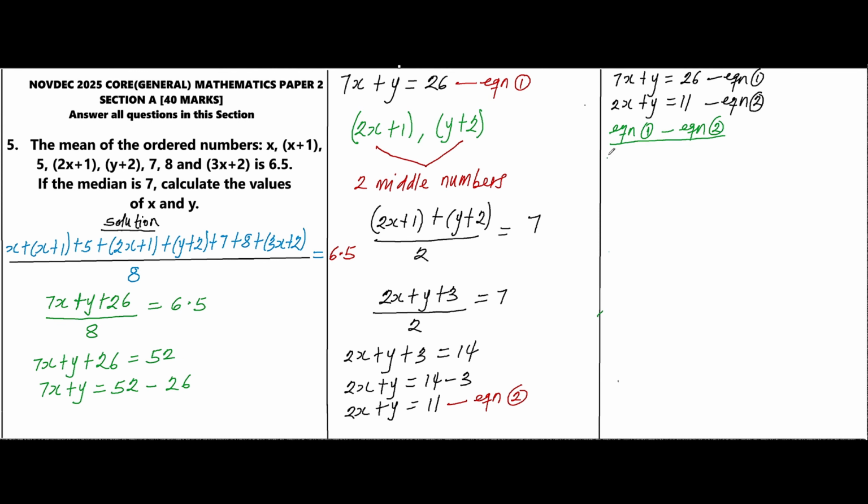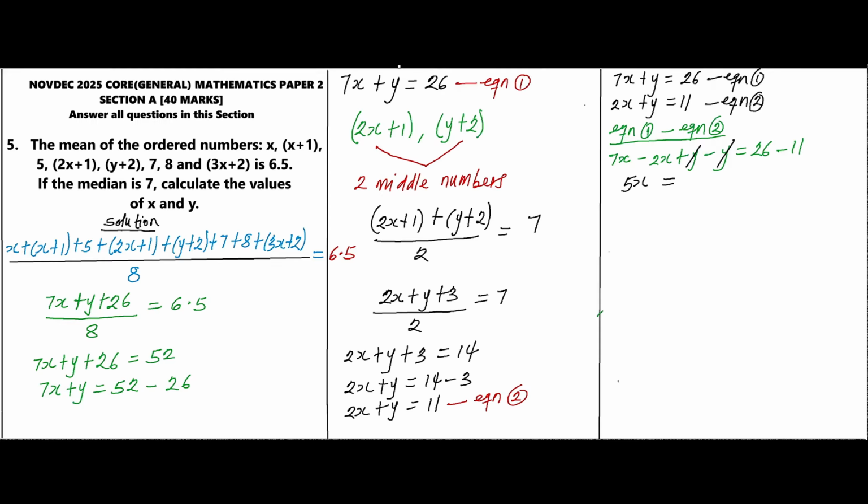So let's begin with the x. We have the x for equation 1 minus the x for equation 2 plus, so we have y for equation 1 minus y for equation 2. This must be equal to 26 minus 11. 7x minus 2x, we have 5x, and plus y minus y, these two will cancel out.